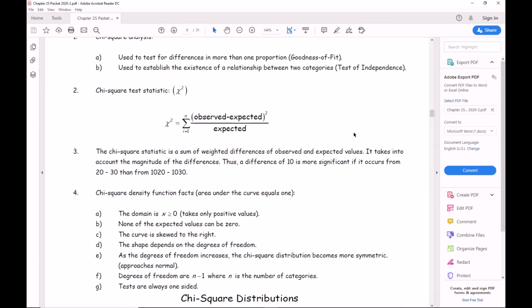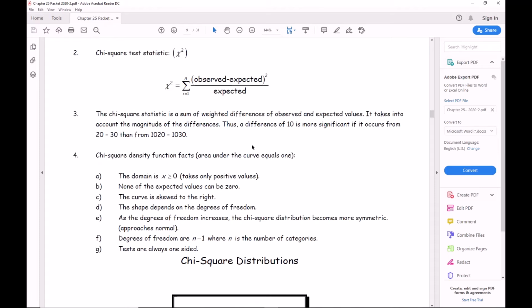They're all based on the chi-square statistic, where we do observed minus expected squared divided by expected for each little category, and then we add them all up to get a total for discrepancy. And that's pretty much what chi-square does. It shows how much you're deviating from expected based on H0 being true. Remember, your chi-square statistic is the sum of weighted differences.